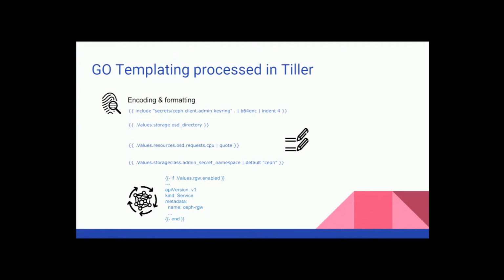The first one is a way where we include text from a file, in this case a Ceph keyring, and then with the pipe symbol we feed it into a base64 encoder to encode the text, and then also apply formatting. In this case we indent by 4 spaces.